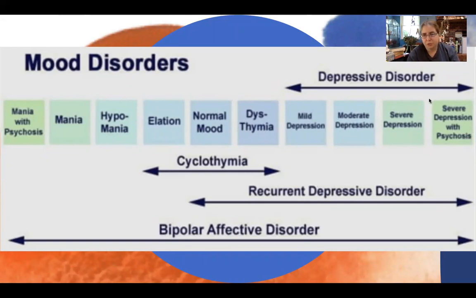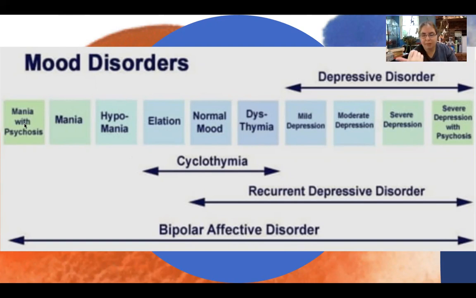If you have some sort of depressive disorder, depending on the degree of it, it's going to range between these. Recurrent depressive disorder means that you spend time feeling pretty normal and happy, but then you do have these periods where you spiral into depression, and then you go back to normal. And if we look at the other end, we have elation, hypomania, mania with psychosis.